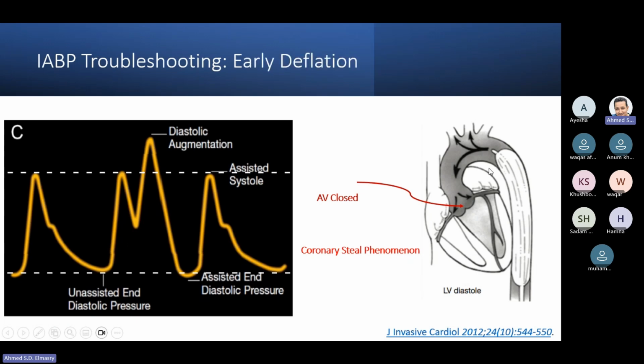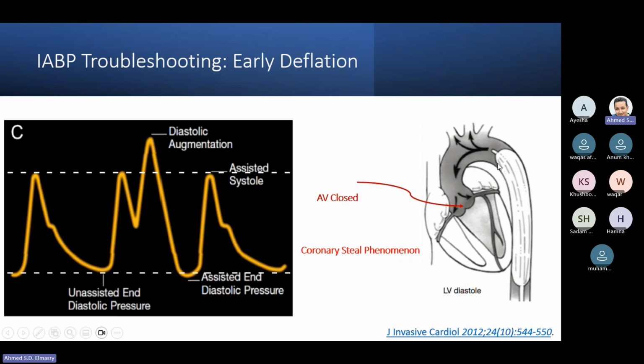So this is an intra-aortic balloon. When it inflates during the diastole, the aortic valve is closed, right? So the balloon will inflate and displace the blood towards the cerebral circulation and also displace the blood to the coronary. This is what we know.